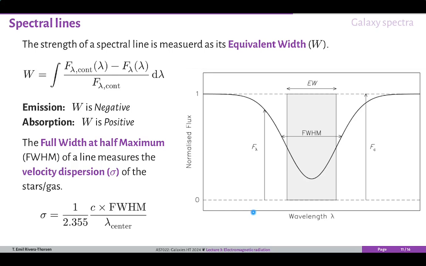But the intuitive explanation is that we take the integrated flux between the line and the continuum, this area, and then we ask ourselves if we instead had a rectangle that went from the continuum down to 0 and had the same area as the integrated area between the line and the continuum, how wide would this rectangle be?